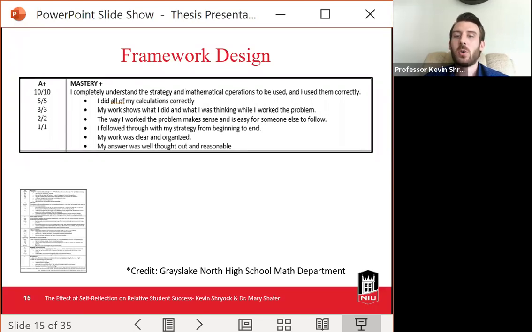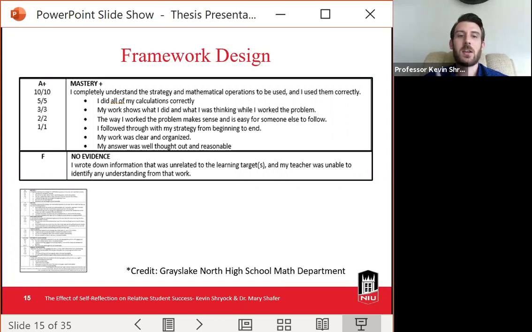There were also multiple examples of how this could be demonstrated, from correct calculations to clear and organized work. Now, these categories include developing mastery, understanding, incomplete understanding, and no evidence of understanding. But the common theme throughout this rubric is clear communication of understanding. Understanding is what is being stressed.